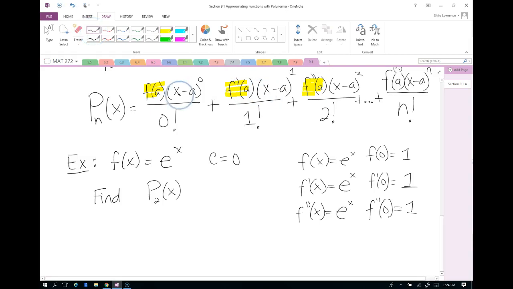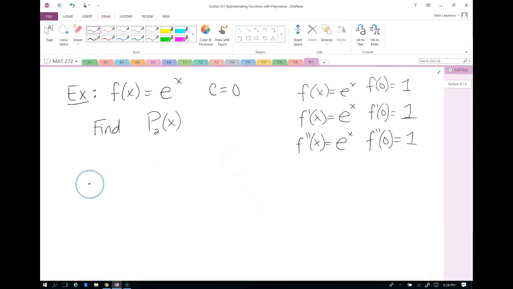And then for the other pieces, those are just standard every single time. It's really just the coefficients that are going to change, and then the a value at your center. And ours is centered at 0. So to set up p sub 2 of x, we're going to say the original function evaluated at 0 times x minus 0 to the 0 over 0 factorial.